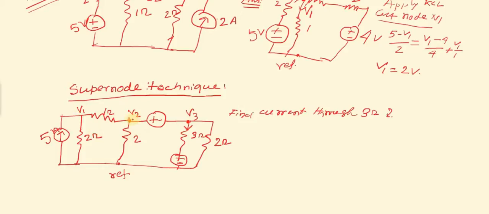Now mark these V1, V2 and V3. This is our node number 1, this is our node number 2, and this is our node number 3.